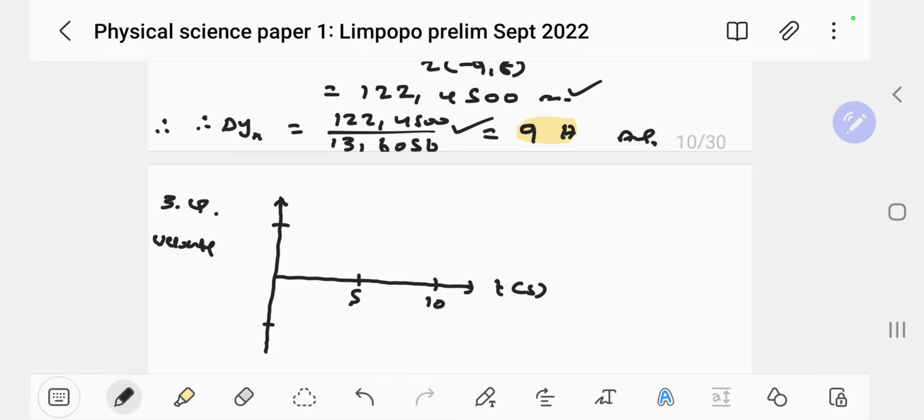So this is velocity in meters per second. Okay, and then of course we'll write the topic here. This is the velocity time graph of stone X. So don't forget, these things are mark worthy. The heading gives you a mark, the labeling of the X's gives you a mark, and everything that they required. So don't take it for granted.